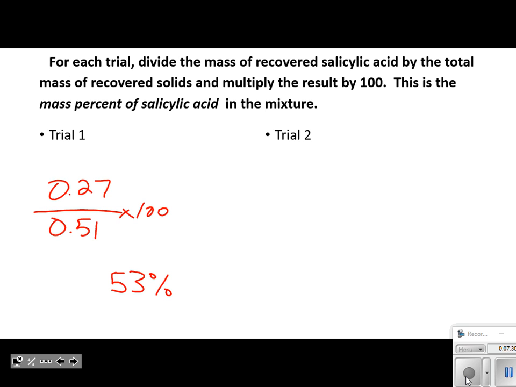Now, the thing about this, where we're going to test to see the accuracy of my lab, because it looks like right now I recovered 98%, so that's pretty good. But I said that there was 47% charcoal. When I made up these mixtures, I had about 40-60. So 40% was charcoal, 60% was the salicylic acid.